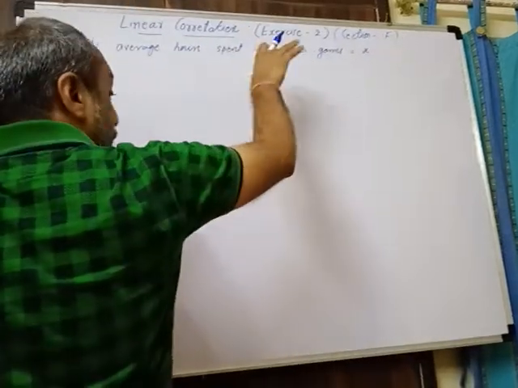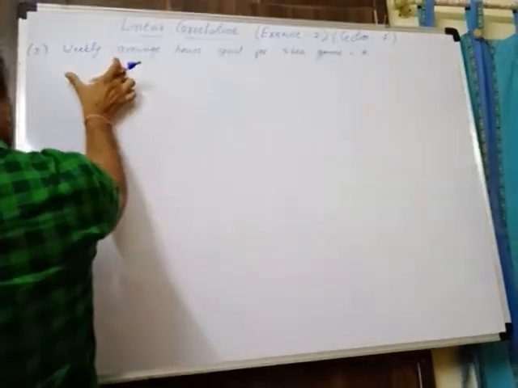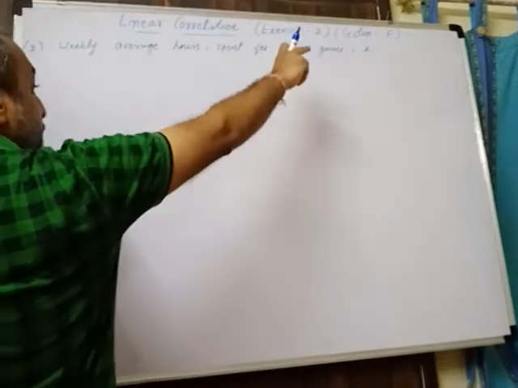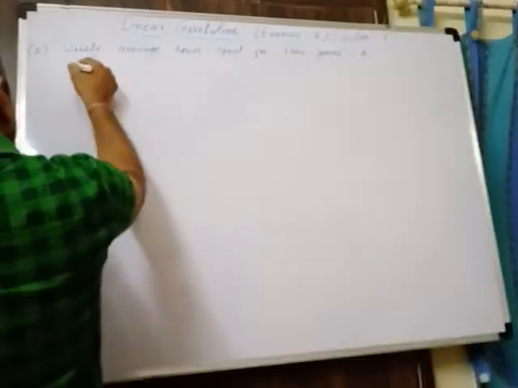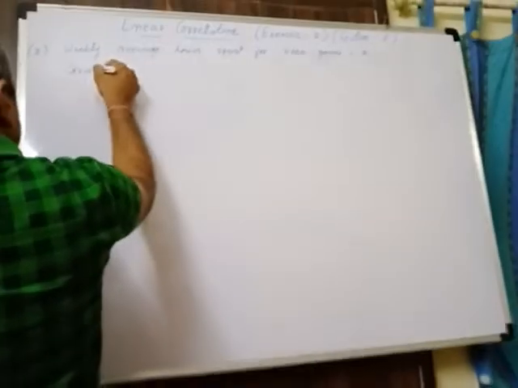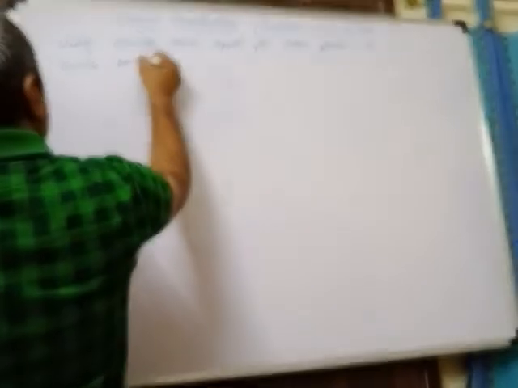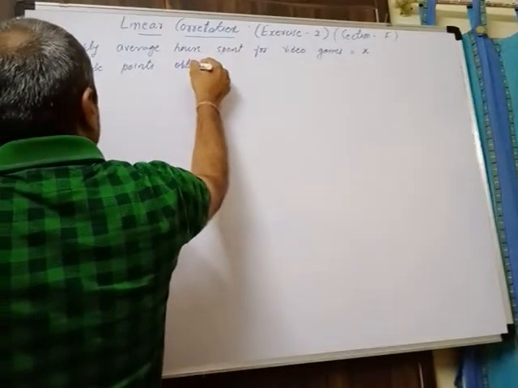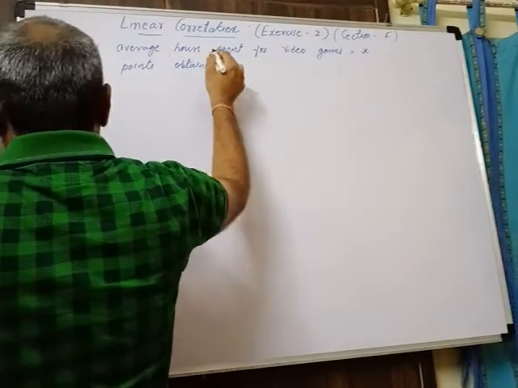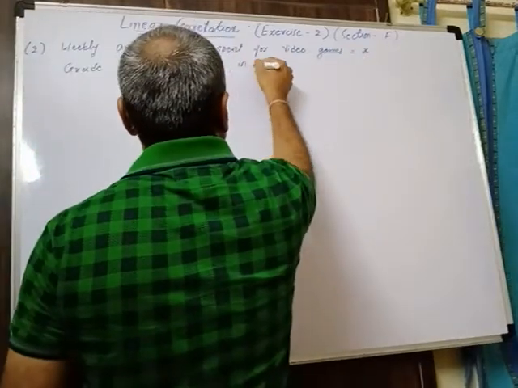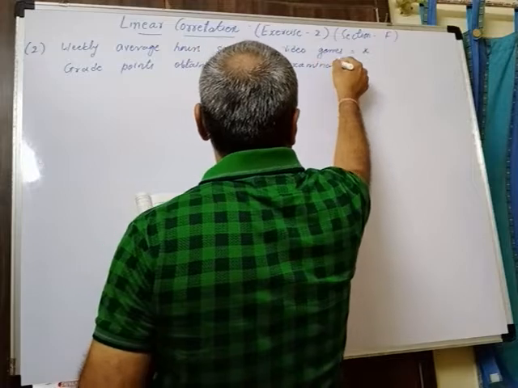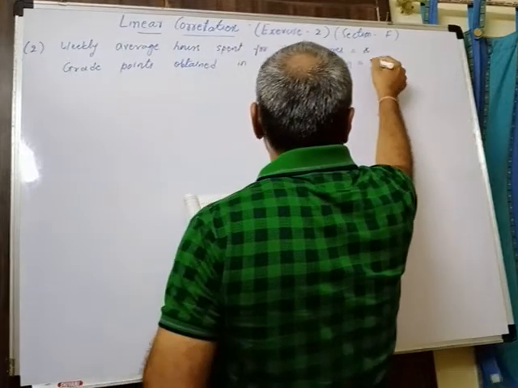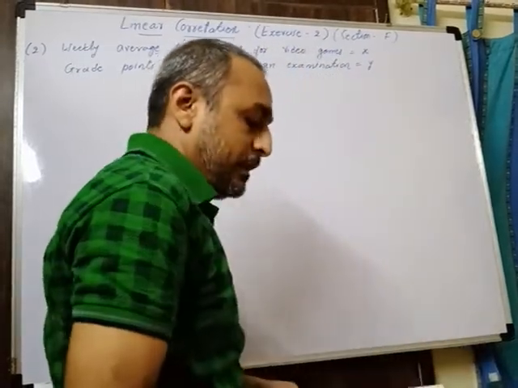The names of the variables are too long, so instead of writing them in the column you can first assume that it is variable x or y, then prepare the column so that it is convenient for you. And the second one is grade points obtained in an examination, which is considered as variable y.